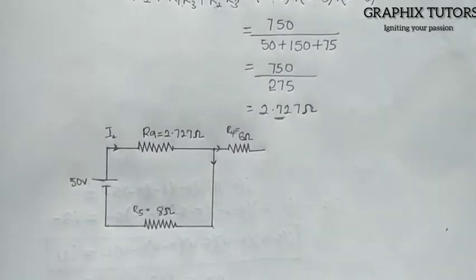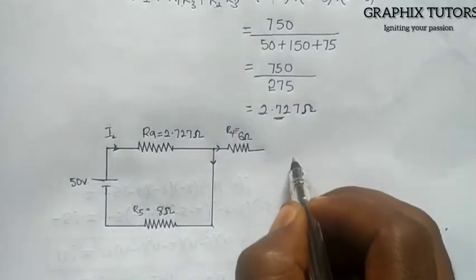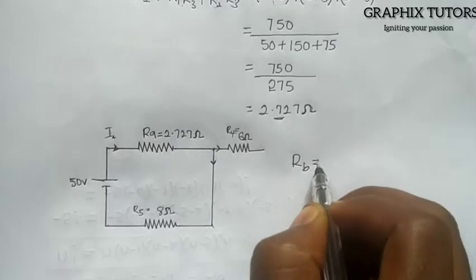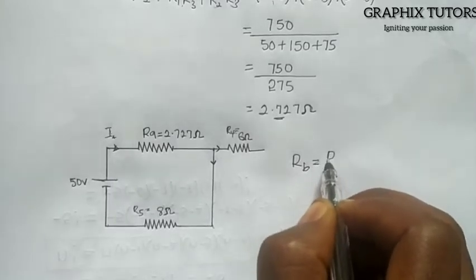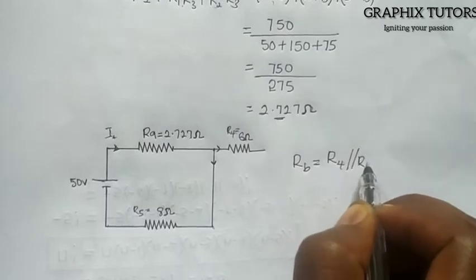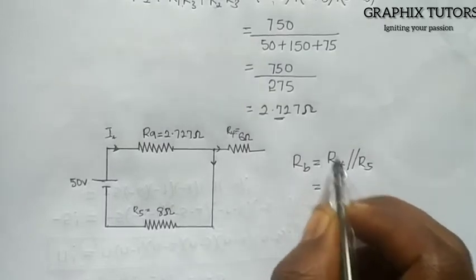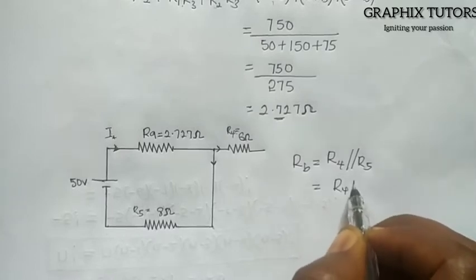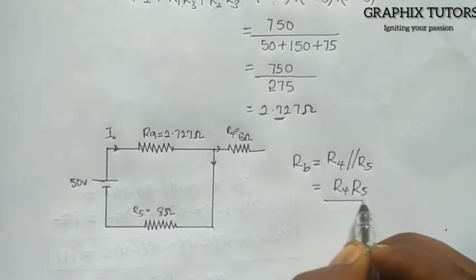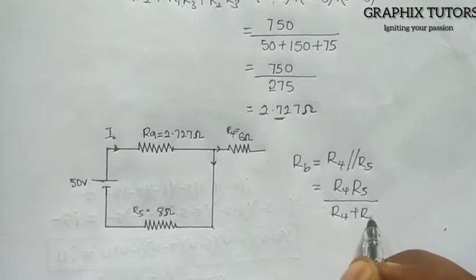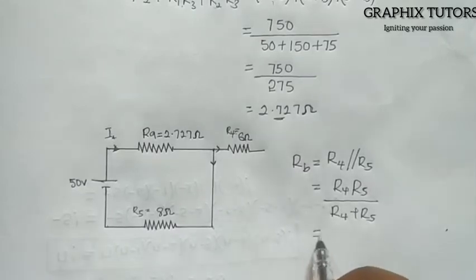So I'm going to say that my R4, that is my RB, is equal to R4 parallel to R5. This will give me R4 R5 all over R4 plus R5. What is my R4?